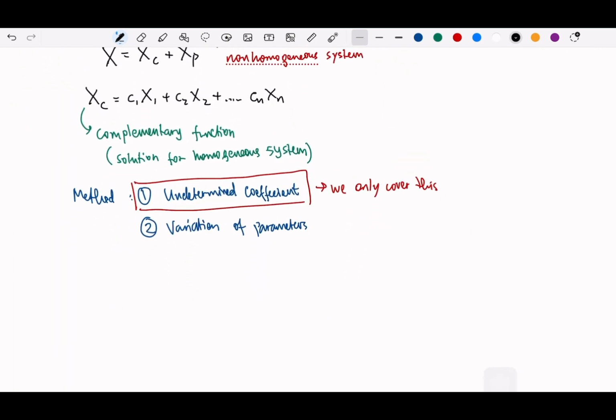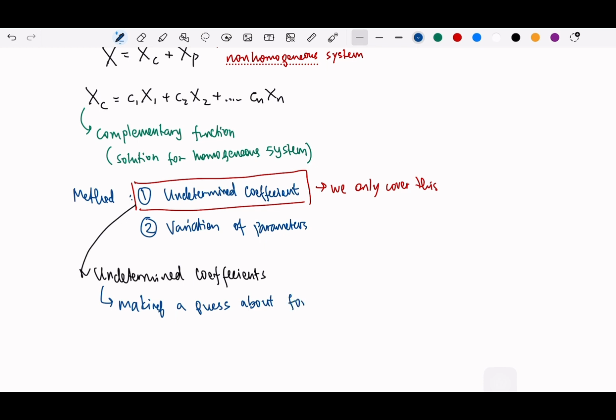So in the undetermined coefficient, let me write again here. The basis or the principle is that we are going to make a guess about the form of the particular solution xp.